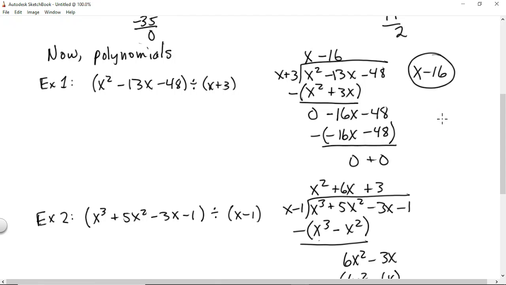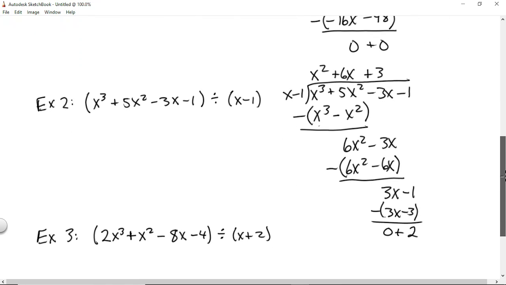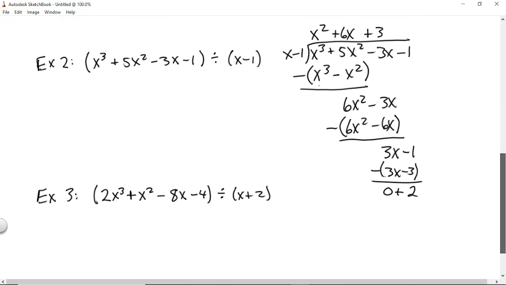This time we do have a remainder because we have this 2 at the bottom. So we could write it like this: remainder 2, and that's our answer up there on top.